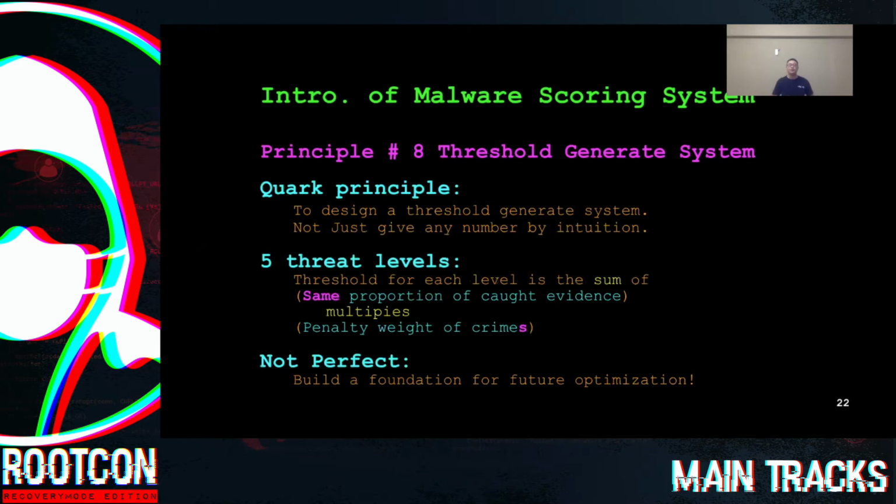So we decide that the threshold for each level is the sum of the same proportion of caught evidence multiplied by the penalty weights of crimes. Yeah, we know it's not a perfect one, but we're sure that we build a foundation for future optimization.